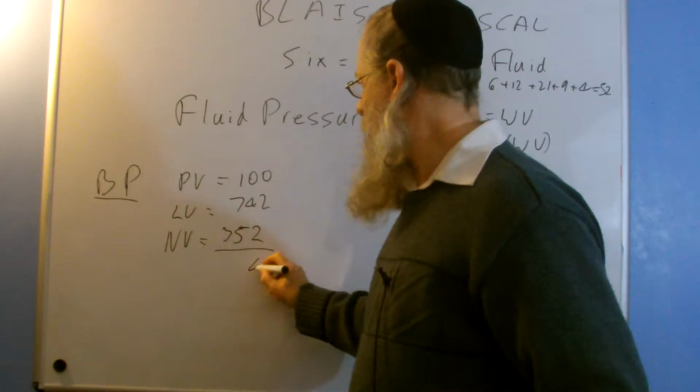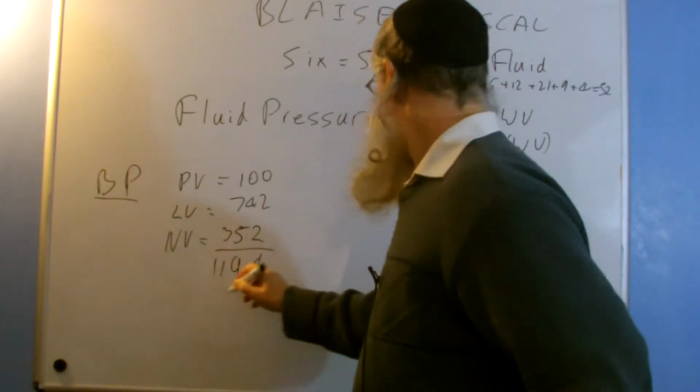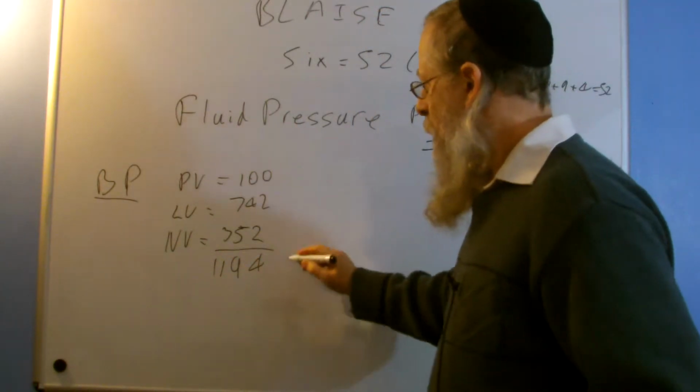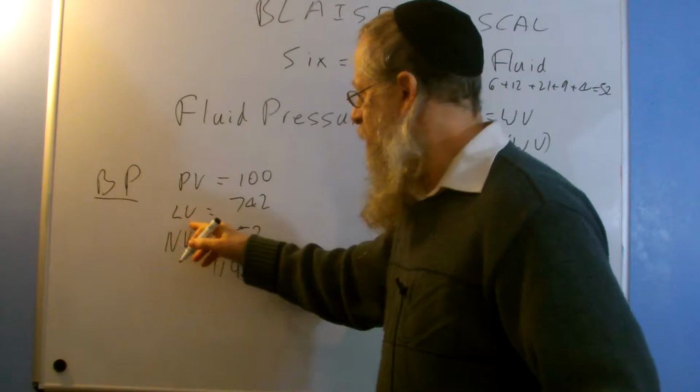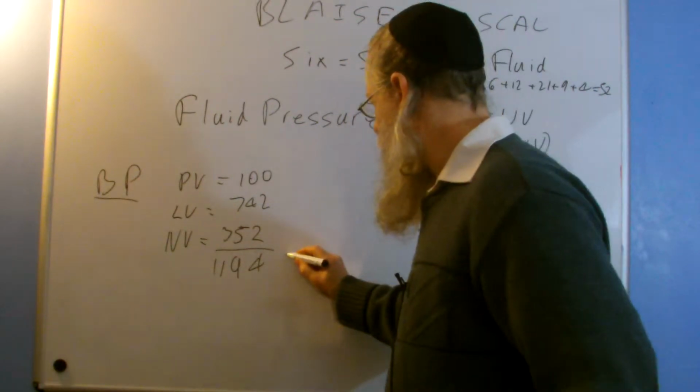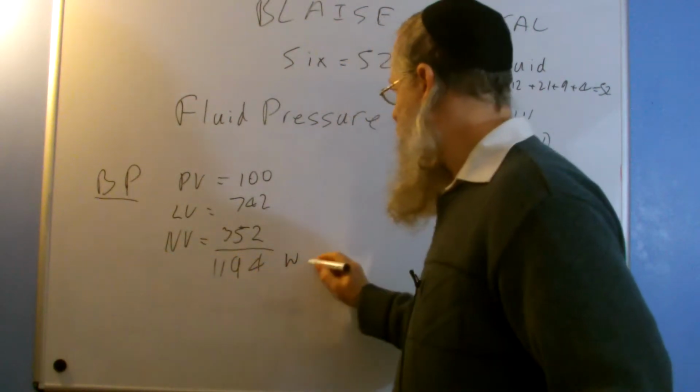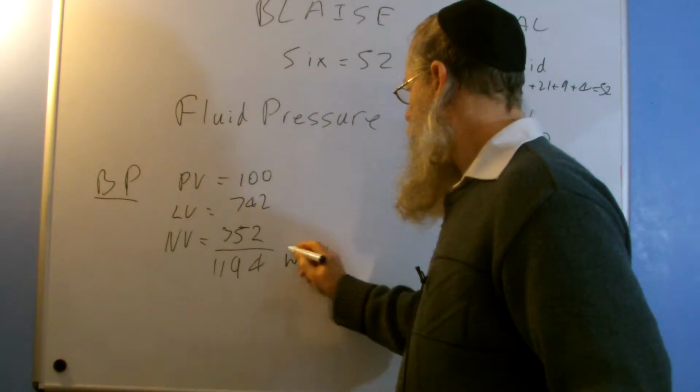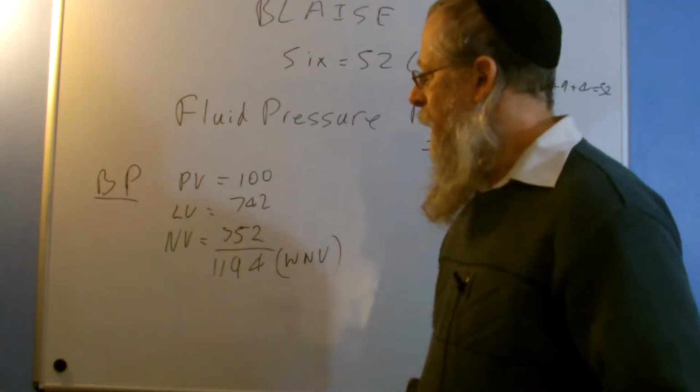We add those together, we get the same as that, and that I call, because the placement value and the large value is the whole value, so I put W first, and then N for the normal value, so I call it the WNV value.